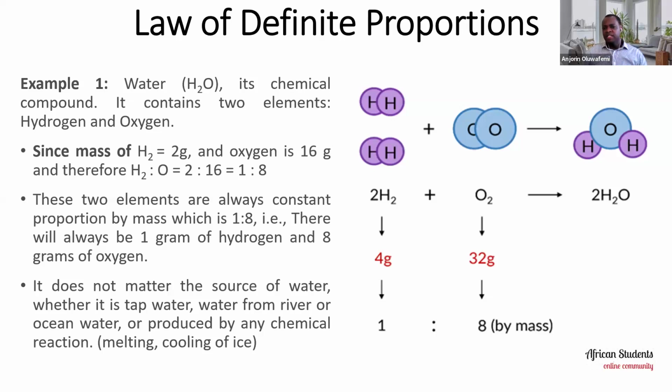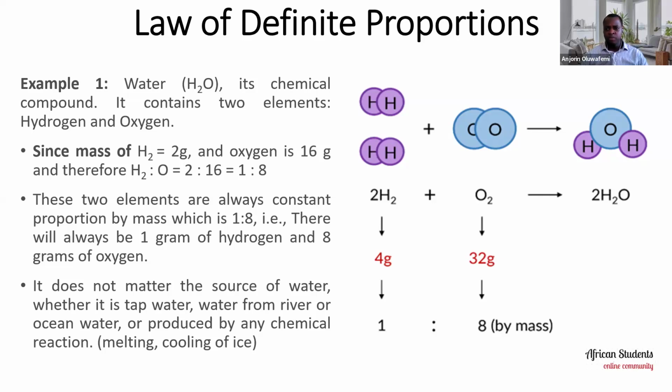It does not matter the source of water, whether it is tap water, water from a river, ocean water, or produced by any chemical reaction, melting or cooling of ice, and so on. It is fundamental. It will always exist in the ratio 1 to 8, 1 gram of hydrogen against 8 grams of oxygen.